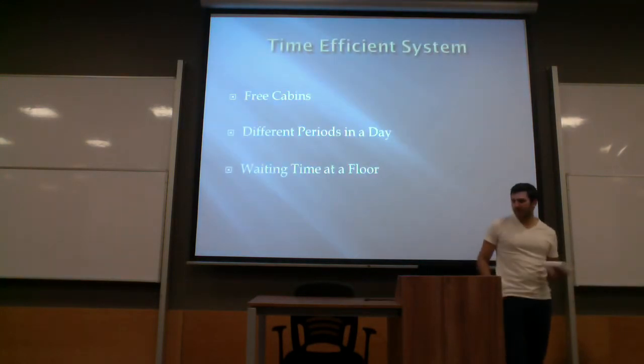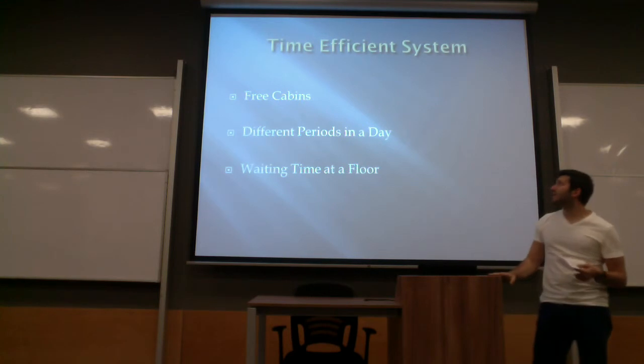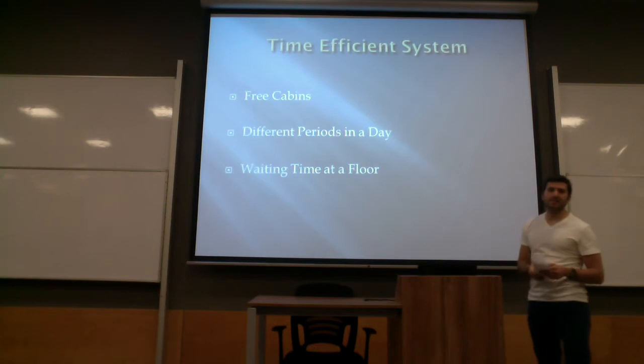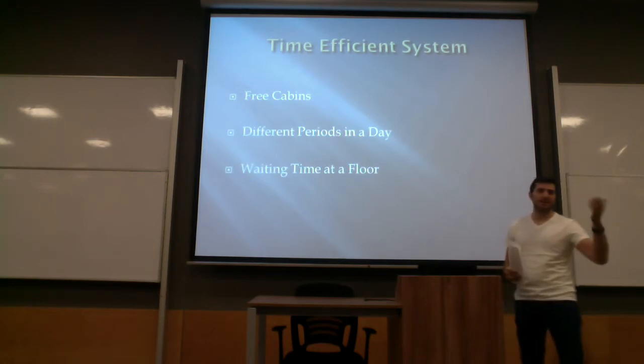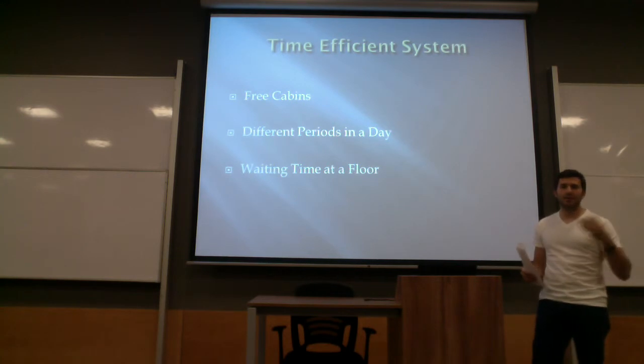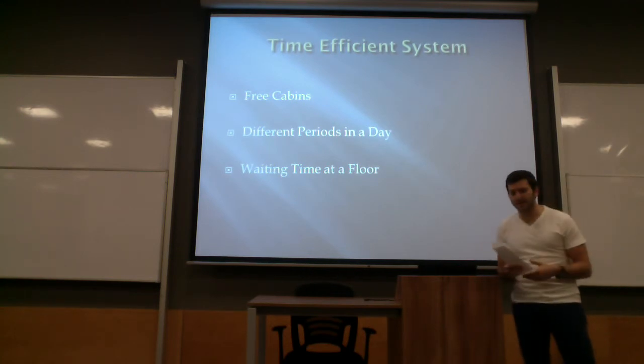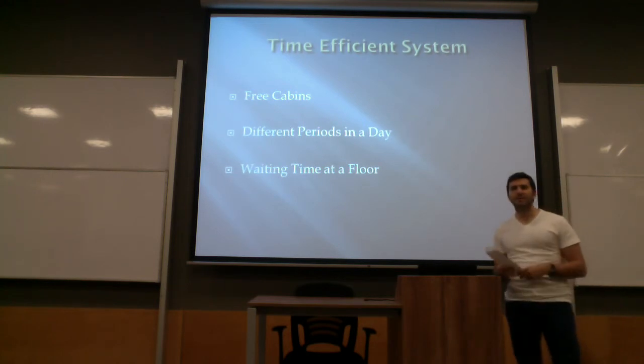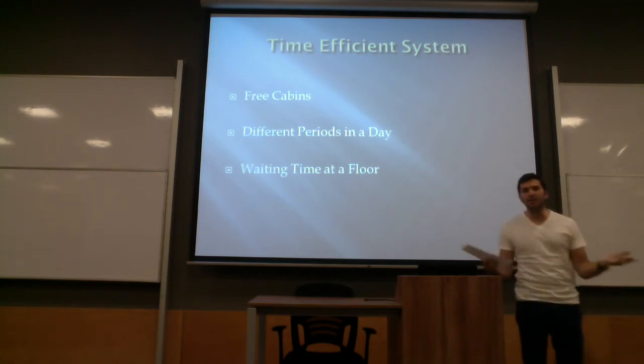Now, about my time efficient system. Usually, when the cabins are free, they stay at their floor or go automatically to ground zero. But in my system, imagine an apartment with 5 floors and 2 elevators.